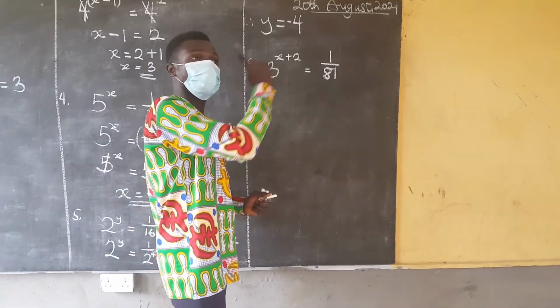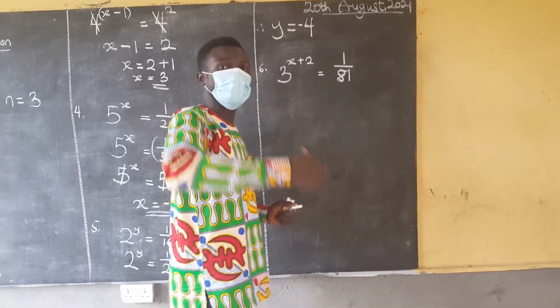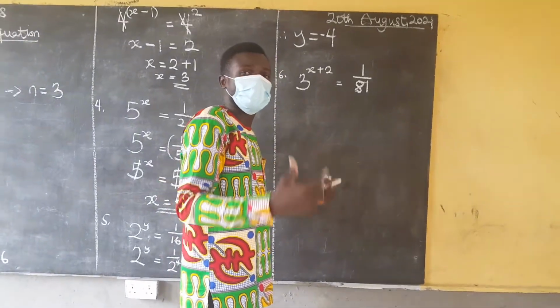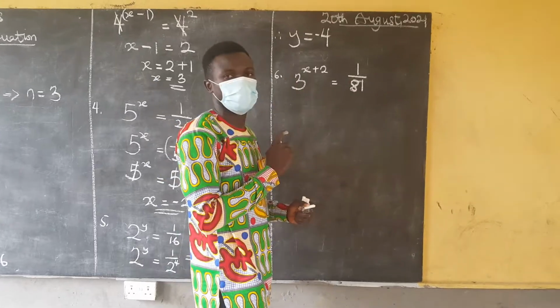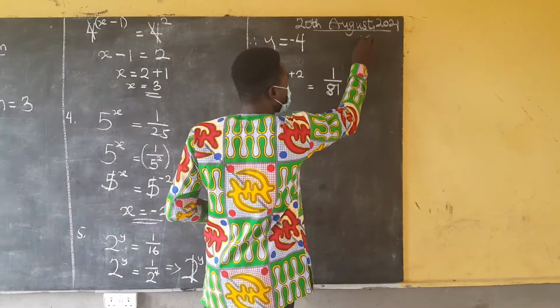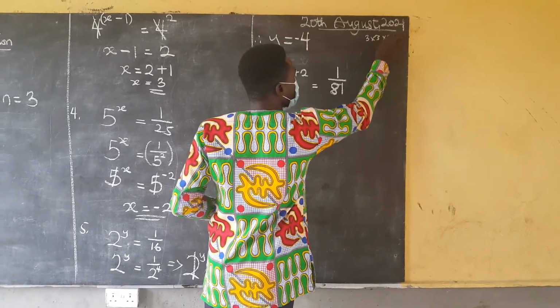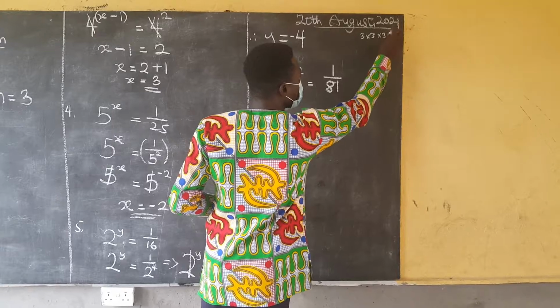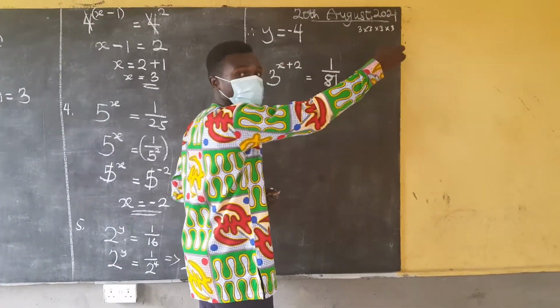Because the base is 3, you ask yourself, 3 times 3 times 3 times 3, how many times will give me 81? If you do a rough work here, 3, 3, 9. 3, 9, 27. 27 times 3 is 81.